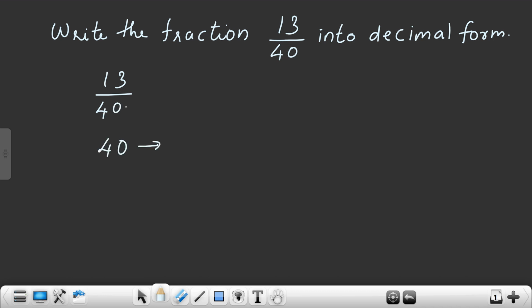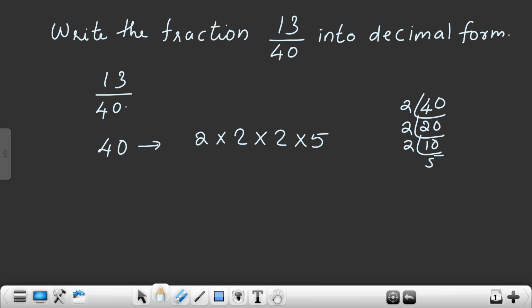So first find the factors of 40. The factors of 40 are 2 into 2 into 2 into 5. The prime factors of 40 contain 2 and 5 only. So we can convert this denominator into a power of 10.